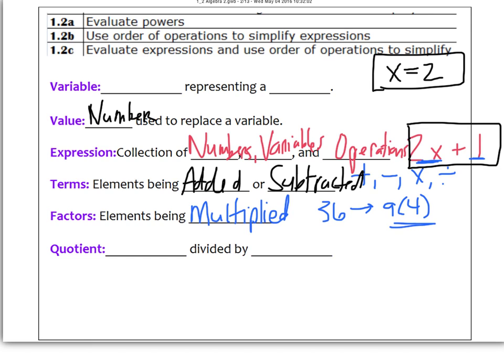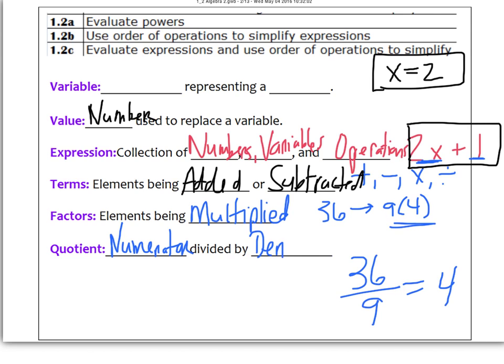The quotient is, for example, when we do division. So if I did 36 divided by 9, the quotient would be 4. What we do is we do the numerator divided by the denominator. So remember, the numerator is the top number, the denominator is the bottom one.